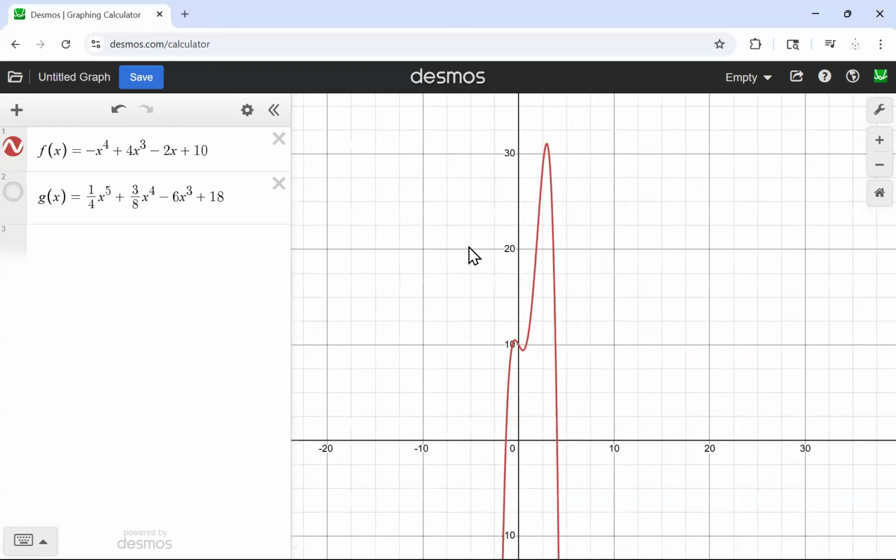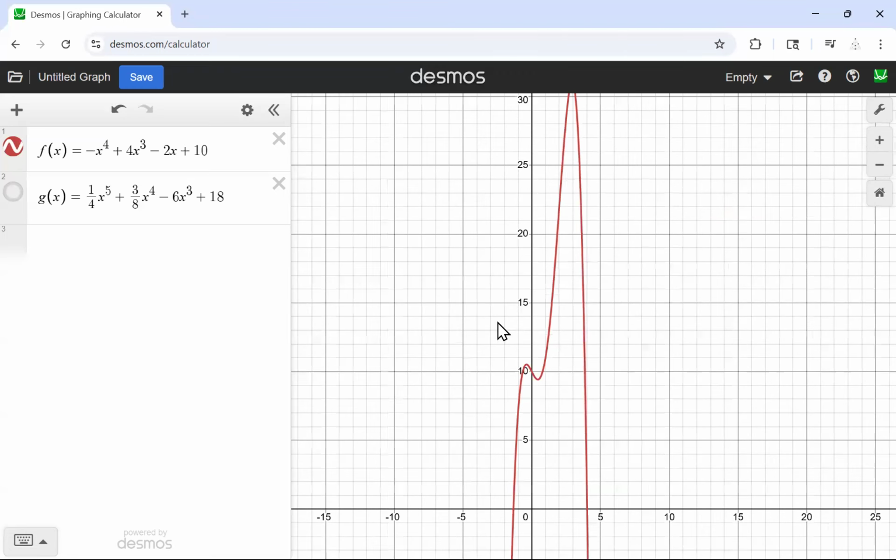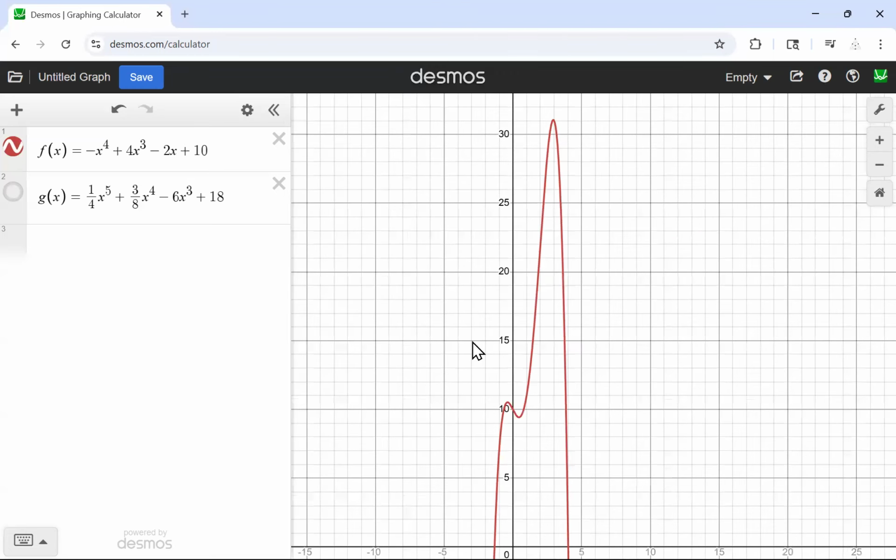So there's some weird things going on in the middle of that f of x that I just said the end behavior for. As you move towards the left, move towards the right, we go down to negative infinity on both sides. But the middle behavior does some weird things, does some weird jumps and has those types of features.